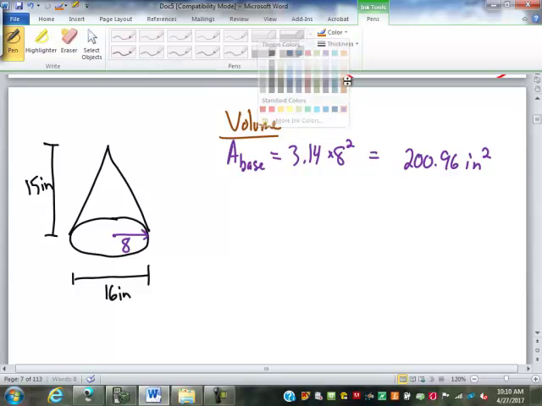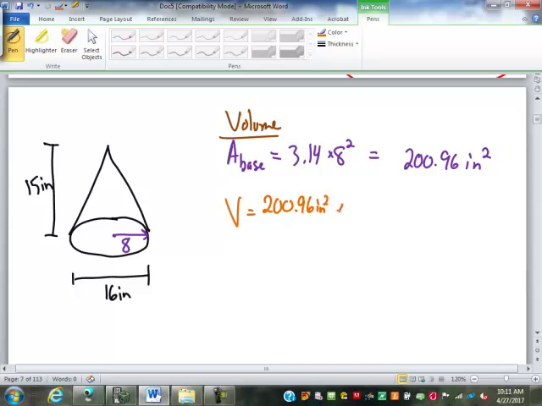So then our volume is the area of that base, 200.96 inches squared, times the height of 15 inches. What do we have to remember to do to it? Divide by 3. So 1004.8 inches cubed, correct?